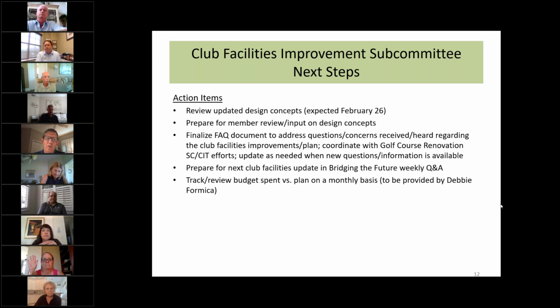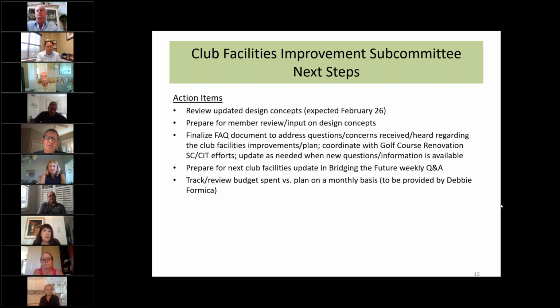The other thing I wanted to clarify is you talk about preparing for a member review and input on the design concepts. Just so people aren't surprised by what they see, what level of detail would those design concepts be at in the March, April timeframe? Well, I'm hoping this week or next week we're supposed to see some of the layouts of the kitchen and fitness centers, and then an elevation.